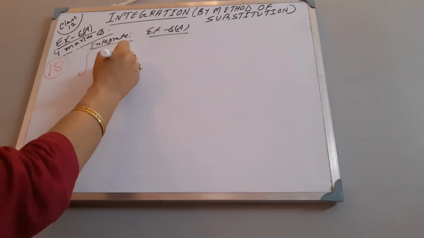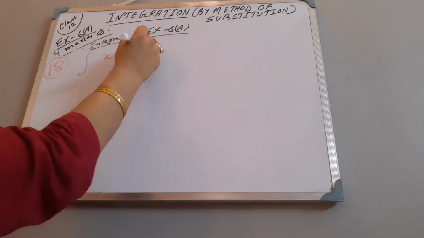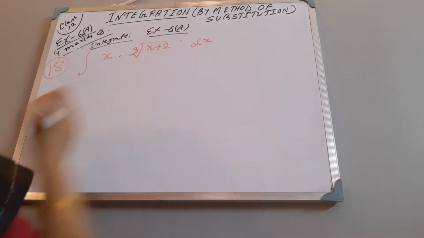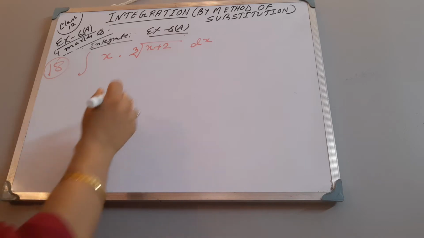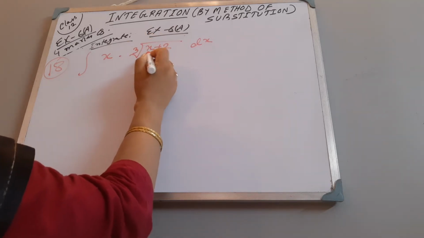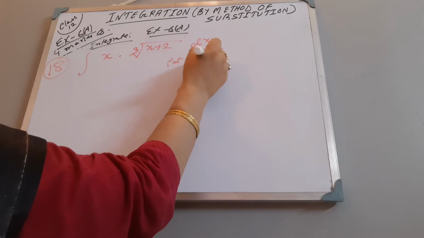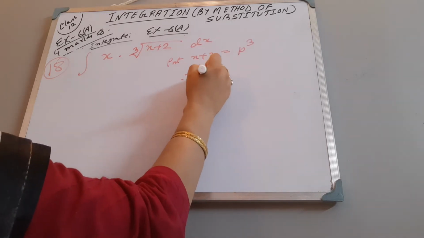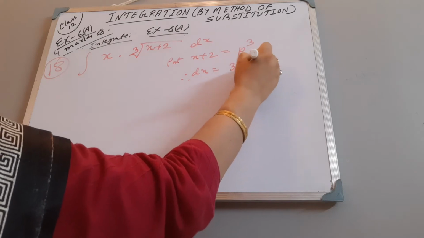Integral x into cube root of x plus 2 dx. Okay, what we will do? Since it is cube root of x plus 2, put x plus 2 is equal to p cube. Therefore dx will be 3p square dp.